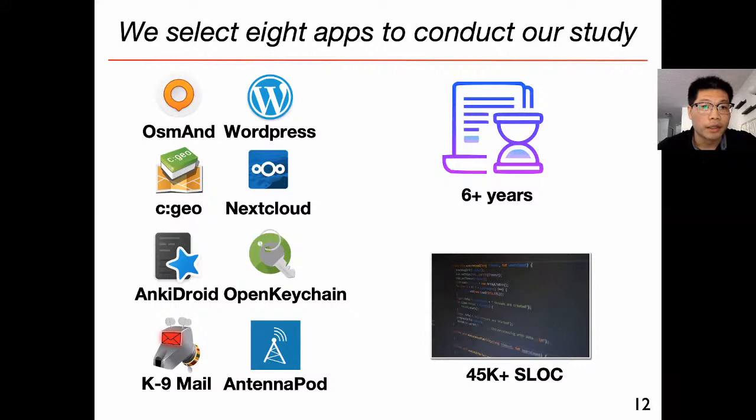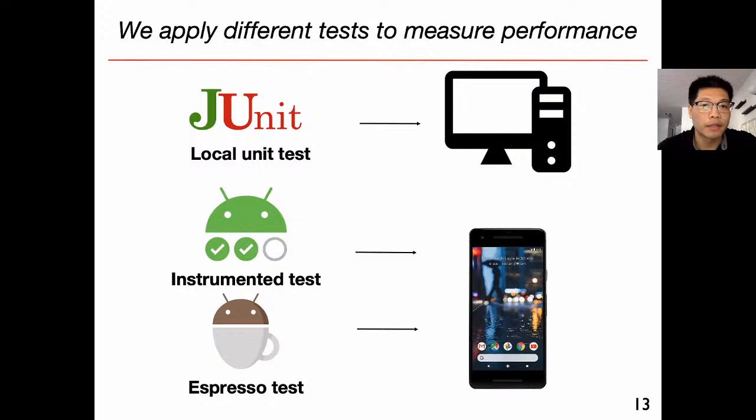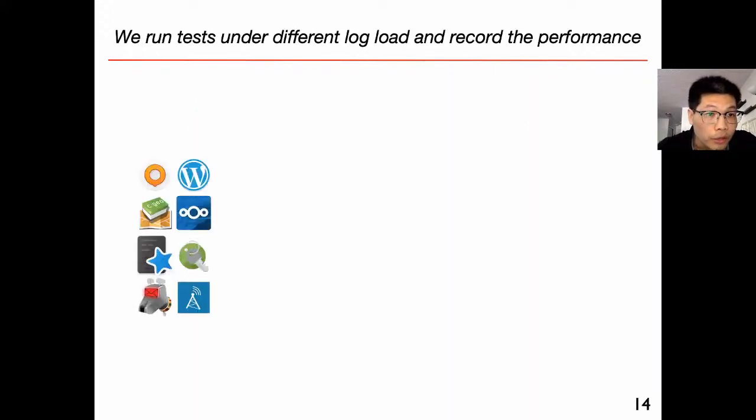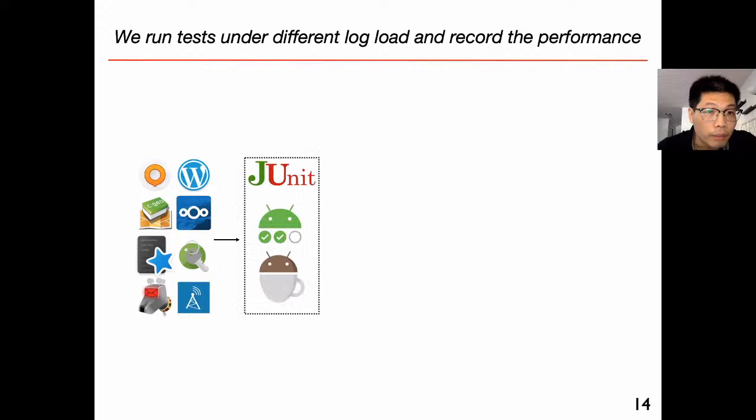We select 8 apps to conduct our studies based on the app's development history and also the number of logging statements. We apply 3 types of tests to measure performance, including the local unit test, instrumented test, and also the spectral test. For each test, we measure performance first enabling all the logging statements.